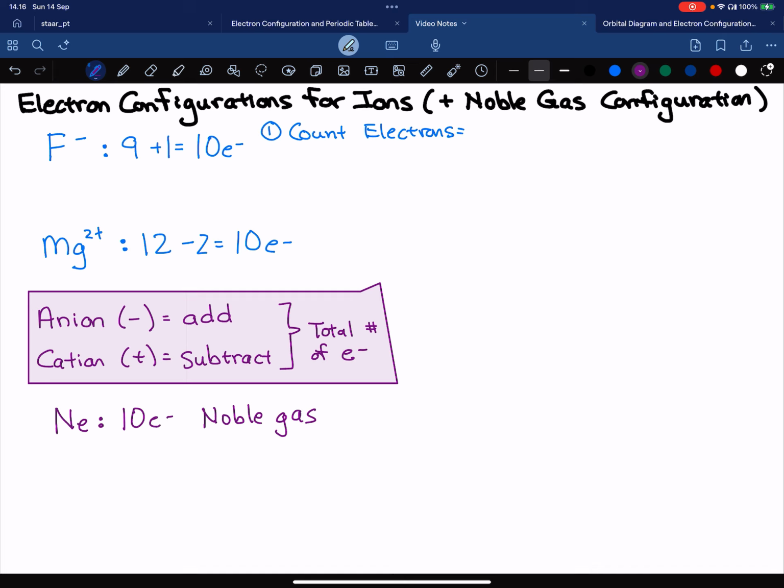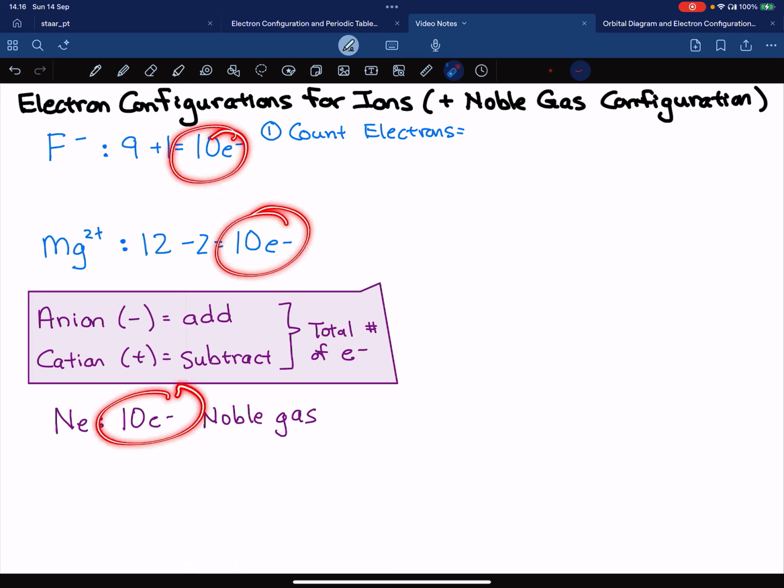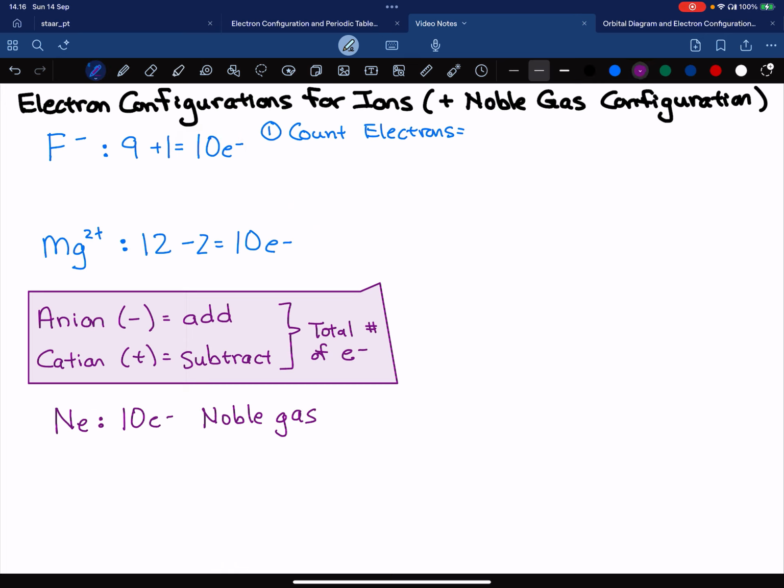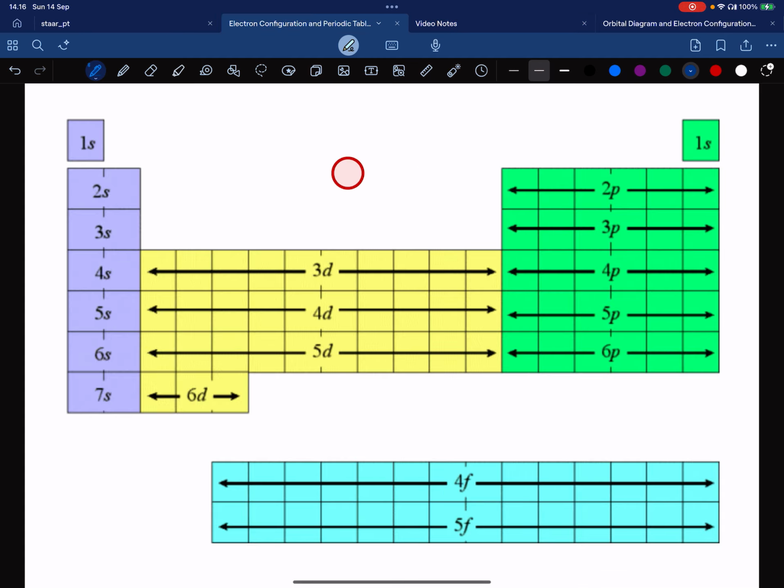Now, let's do our full electron configuration for something with 10 electrons, because they all have 10 electrons, right? So we'll start with F minus. So I want to have 10 electrons, right? So I'm going to go to my electron configuration periodic table, and I'm wanting to get there.